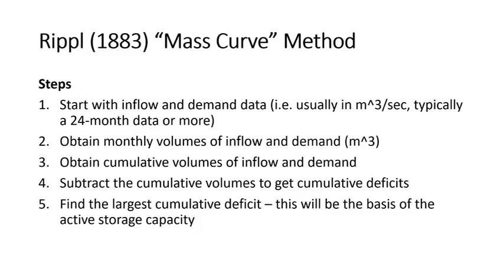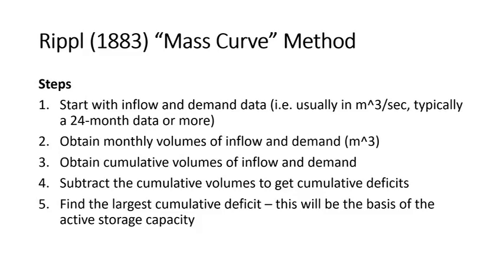Now the steps are as follows. We start with inflow data and demand data, or maybe a demand projection of how much water will be anticipated, in cubic meters per second. And this is typically a data set for 24 months.